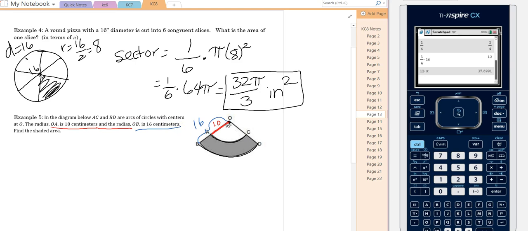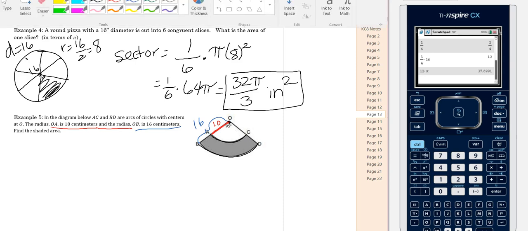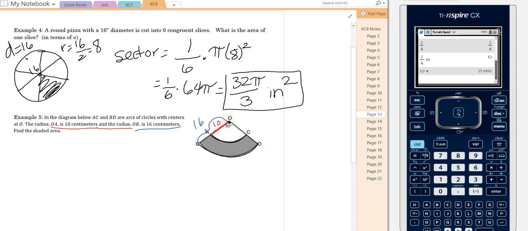So what we know is that we have to find the area of both sectors and subtract the part that we don't want. In order to find the shaded area, I'm going to number them. This is sector 1 and this one's sector 2.